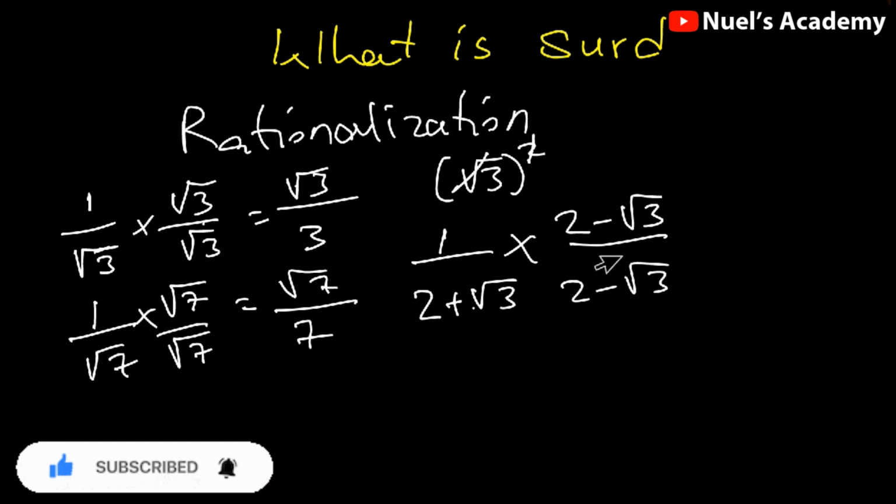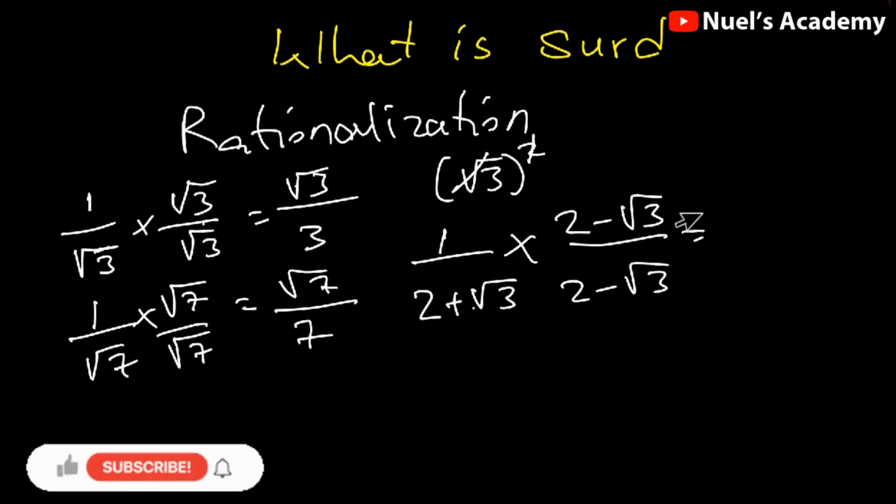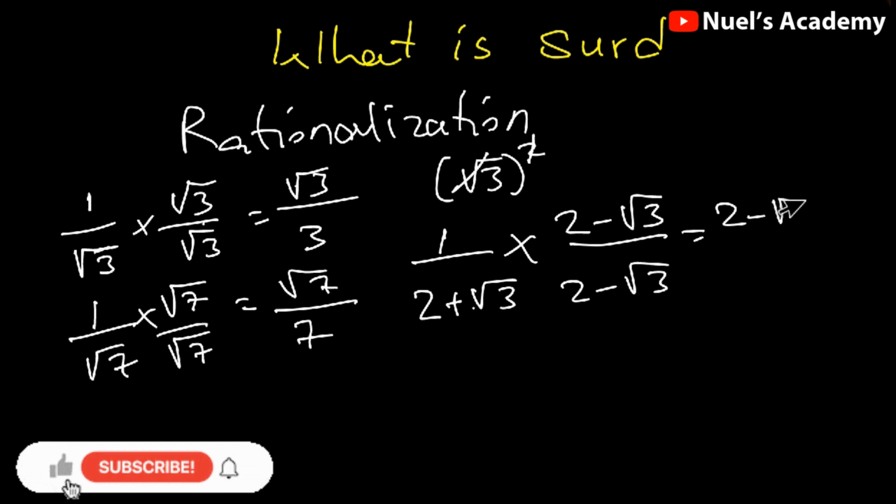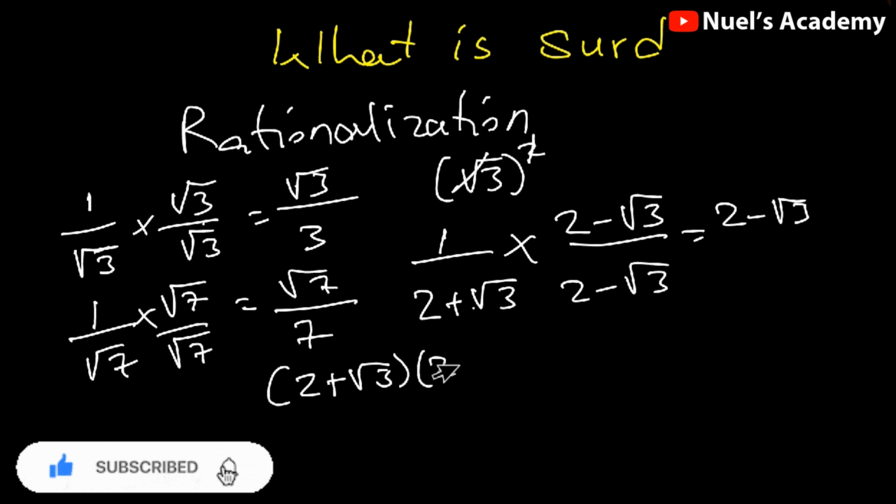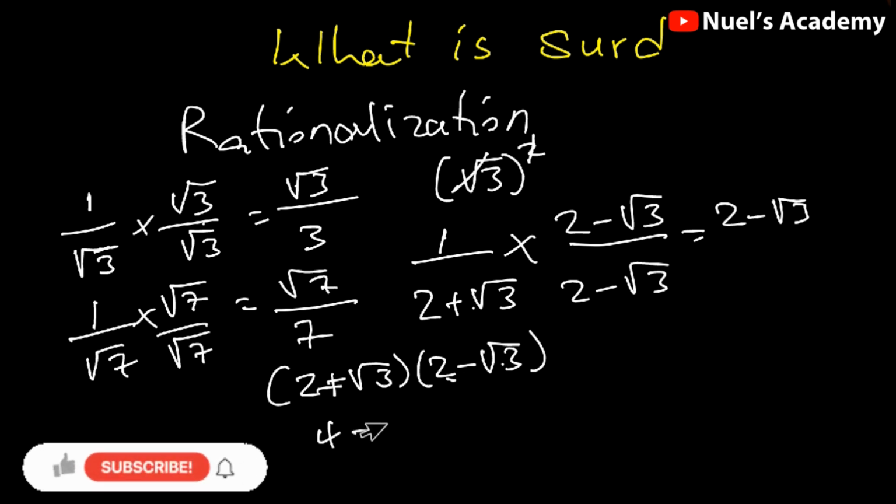So now 1 times 2 minus root 3 is equal to 2 minus root 3. Now in the denominator, we have 2 plus root 3 multiplied by 2 minus root 3. So 2 times 2 will give us 4. 2 times negative root 3 is negative 2 root 3. Root 3 times 2 is plus 2 root 3.